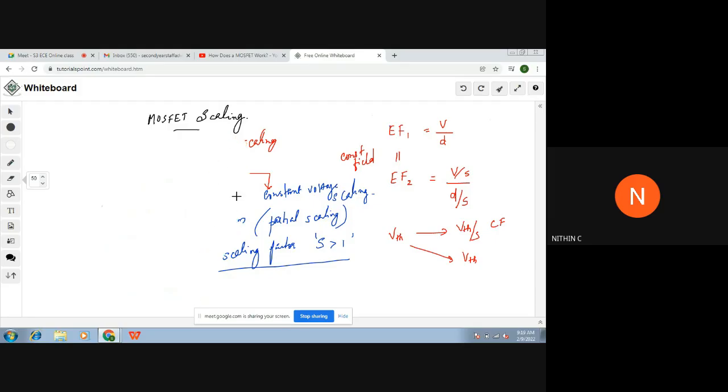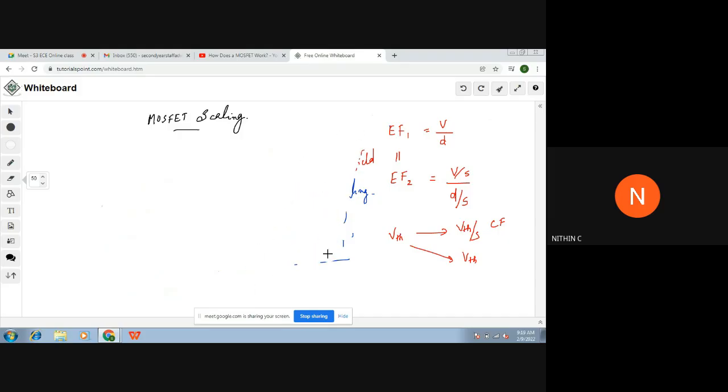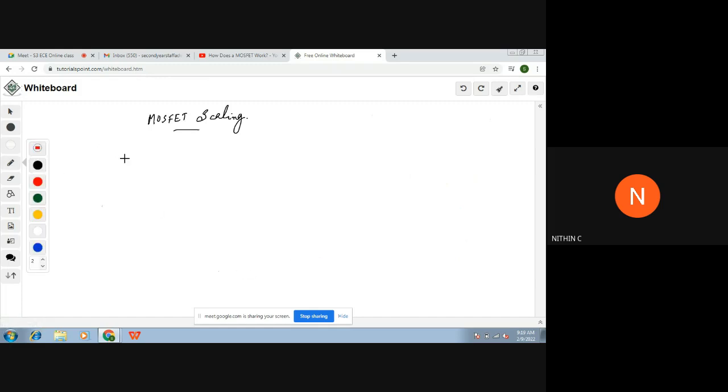So remember, in constant field scaling we will be dividing the voltage also, we will be changing the voltage also. In constant voltage scaling, all the voltages will remain the same. Write it along with me, just write it.